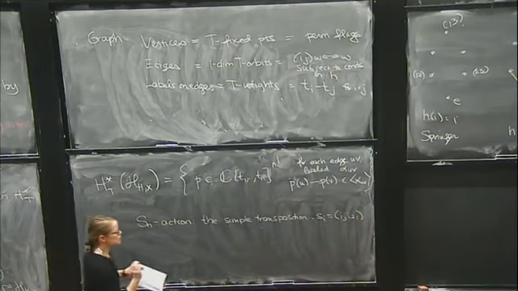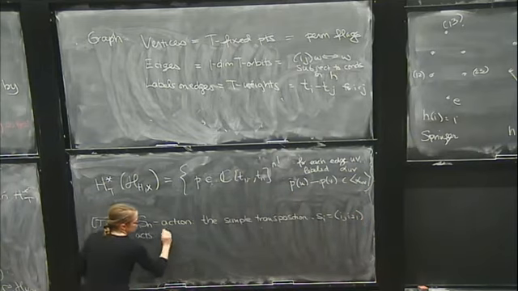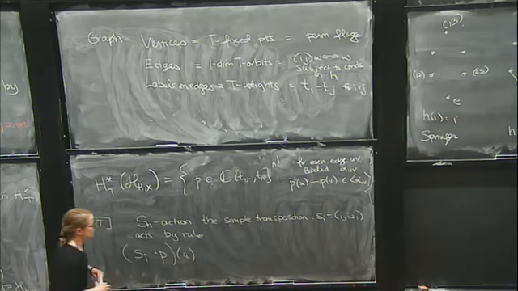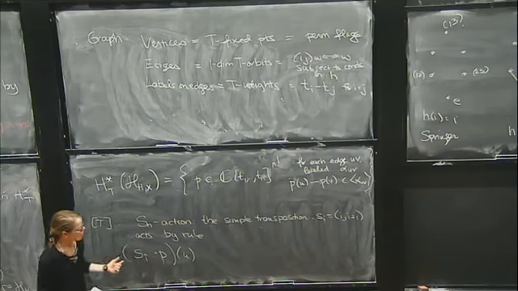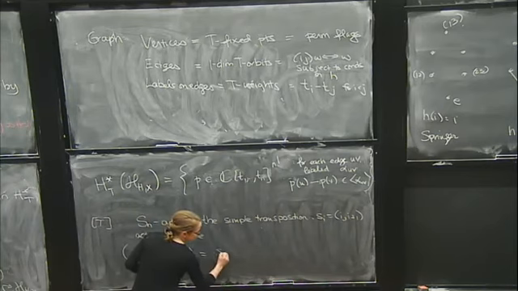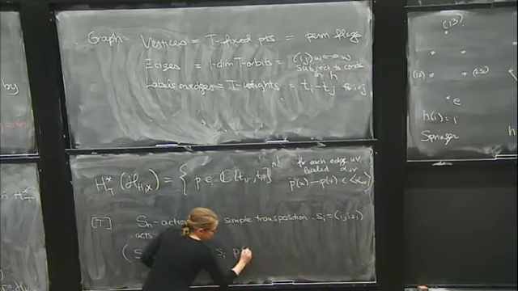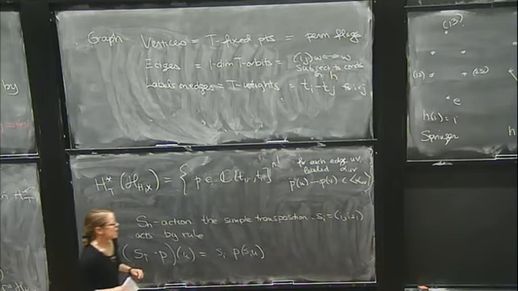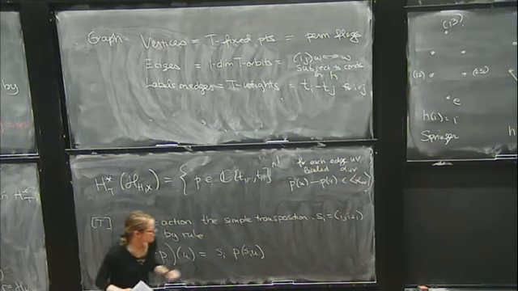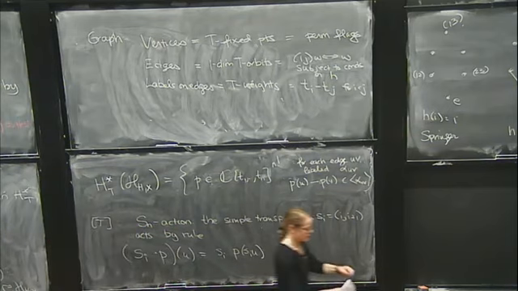The simple transposition that exchanges i and i plus 1 acts by the rule: if you have one of these elements of the equivariant cohomology ring, and you want to act on it by s_i, then the thing associated to vertex u is going to be whatever you get by taking the polynomial that used to be associated to s_i u and then acting on it by s_i.